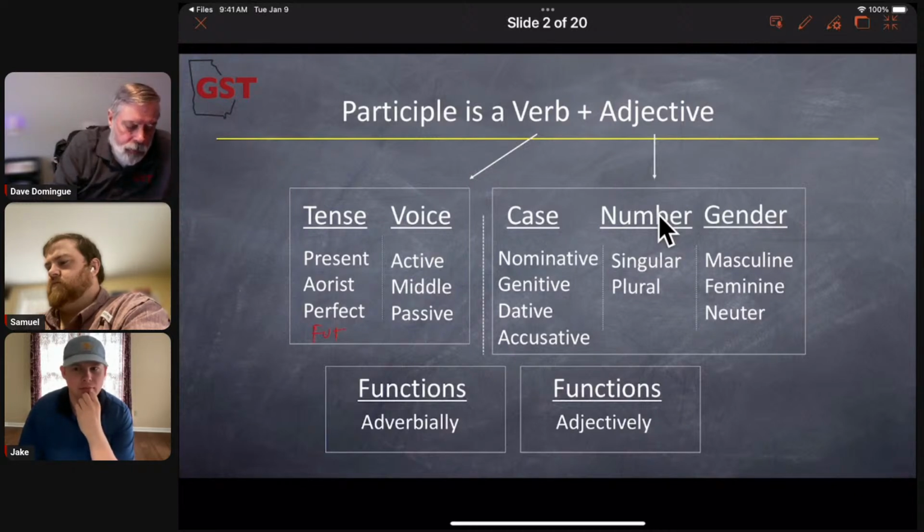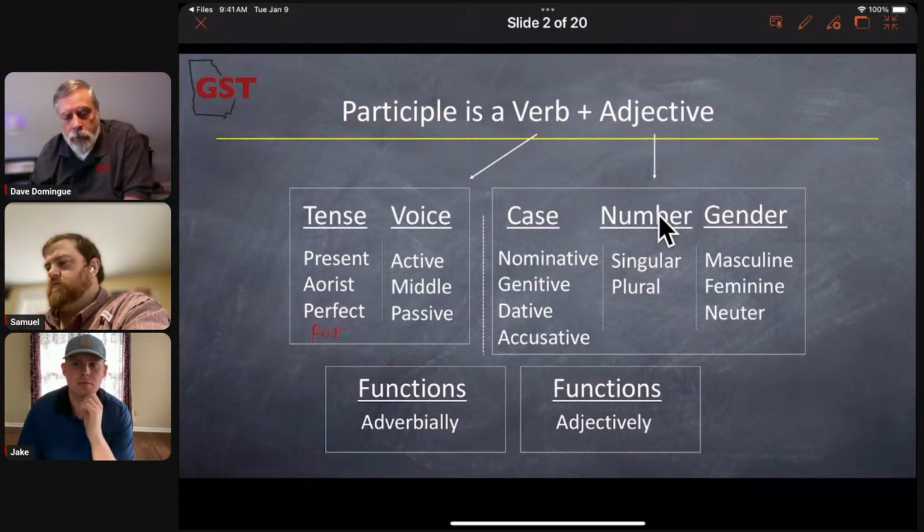But our emphasis is going to be on the present, aorist, and perfect tense. There's also voice. We're familiar with active, middle, passive. The adjectival function is going to be what we would normally see in our nouns and pronouns and adjectives, right? Case, number, and gender. Case is nominative, genitive, dative, accusative; number, singular, plural; gender, masculine, feminine, neuter.